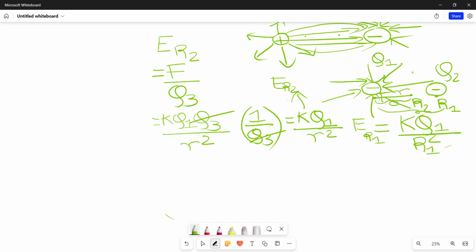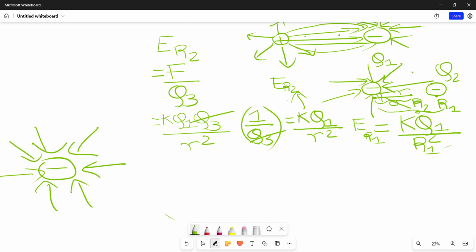So, again, if I have a negative charge, right, field lines moving inward, right? If I have an arbitrary point R2, arbitrary point R1, obviously R1 is at a greater distance from the negative charge compared to R2. Let me take this distance to be R from R2, and that distance to be, as we solved it, R1.